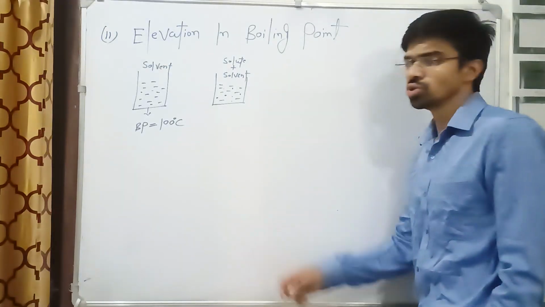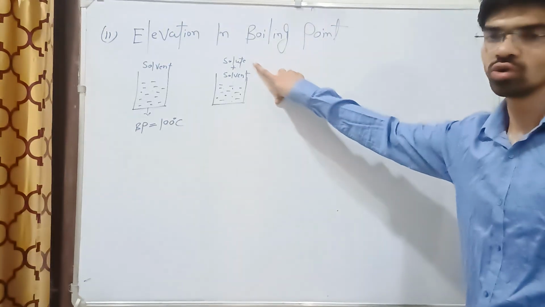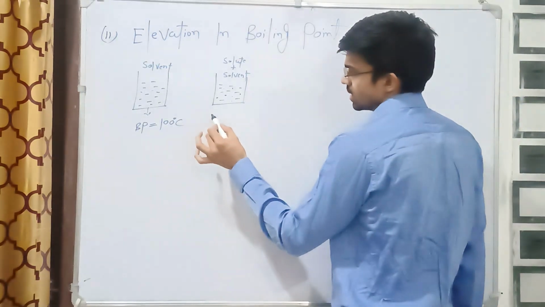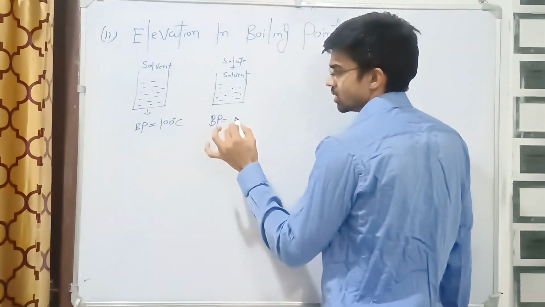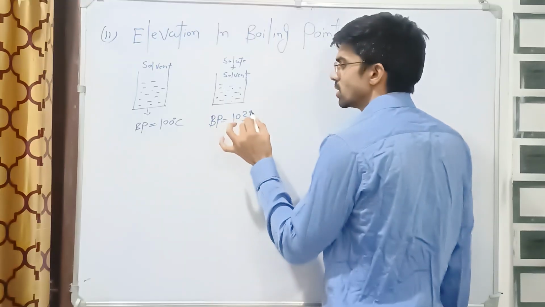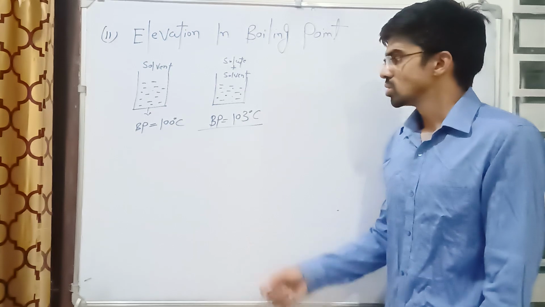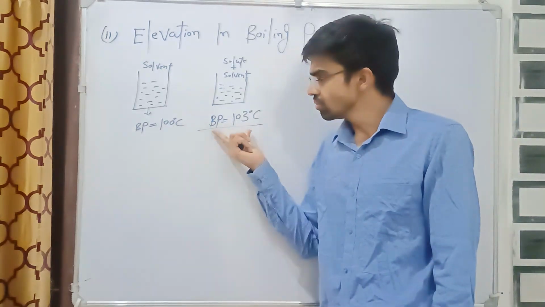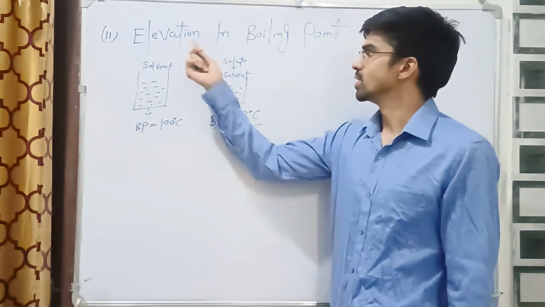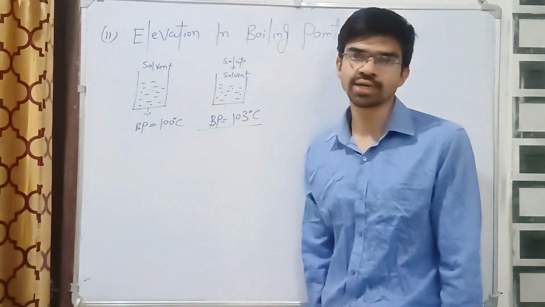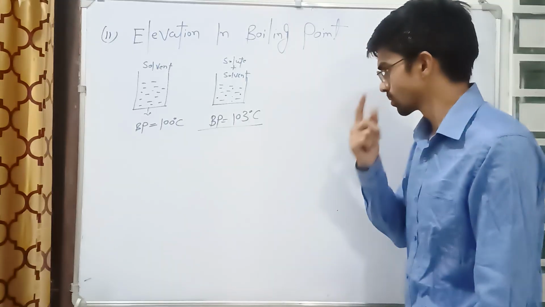When we add the solute particle, non-volatile solute particle in pure solvent, the boiling point will increase. Let us consider it becomes 103 degrees Celsius. So this change in boiling point is called elevation in boiling point. This is because we are adding the non-volatile solute particles.